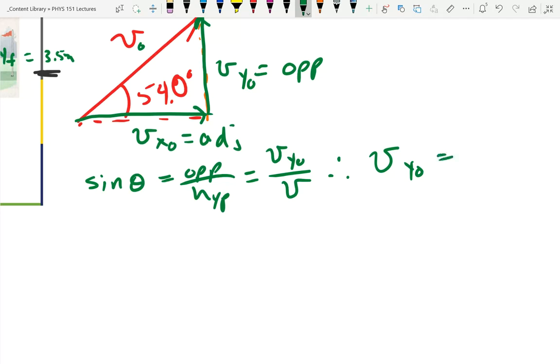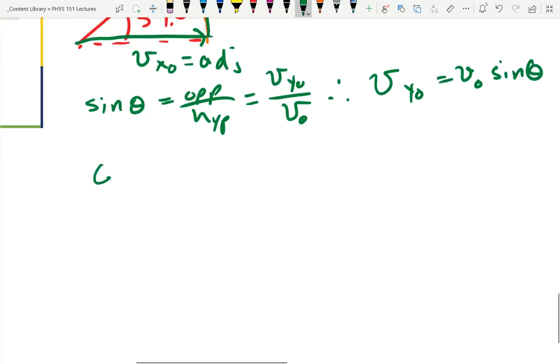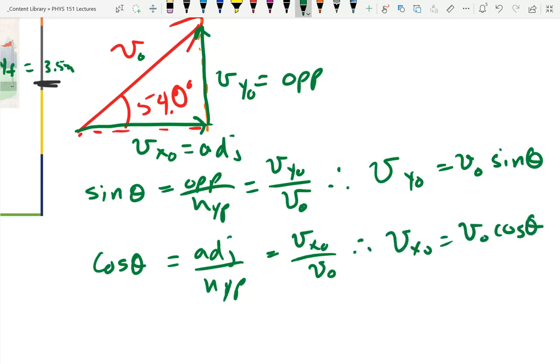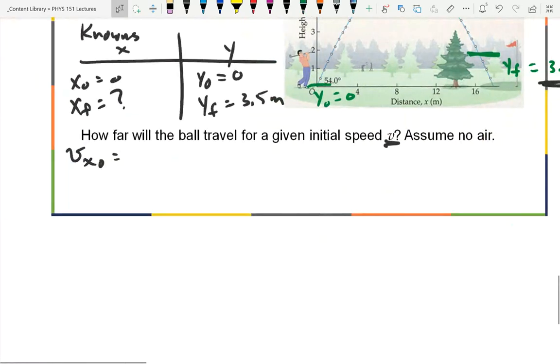So Vy initial is equal to V initial sine of theta. I'm just leaving it at that, especially because I only have 1 minute left. Cosine theta is equal to adjacent over hypotenuse. So once again, looking at my triangle, that's going to be Vx initial over V initial. Solve that for Vx initial. So I have Vx initial and Vy initial there.